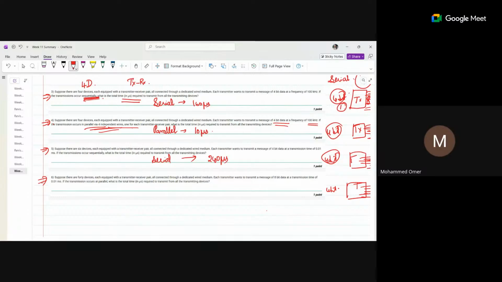So I think it's just 0.01. Yes, because it is a parallel connection, so it requires the same time for all the bits at once.